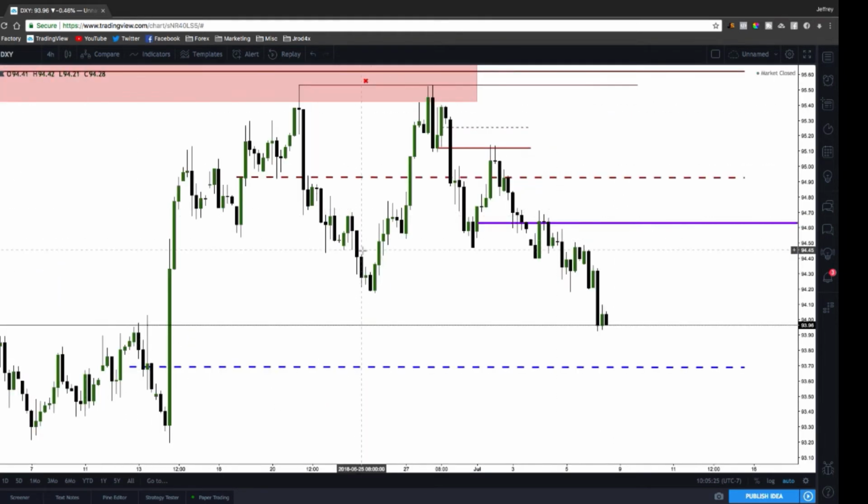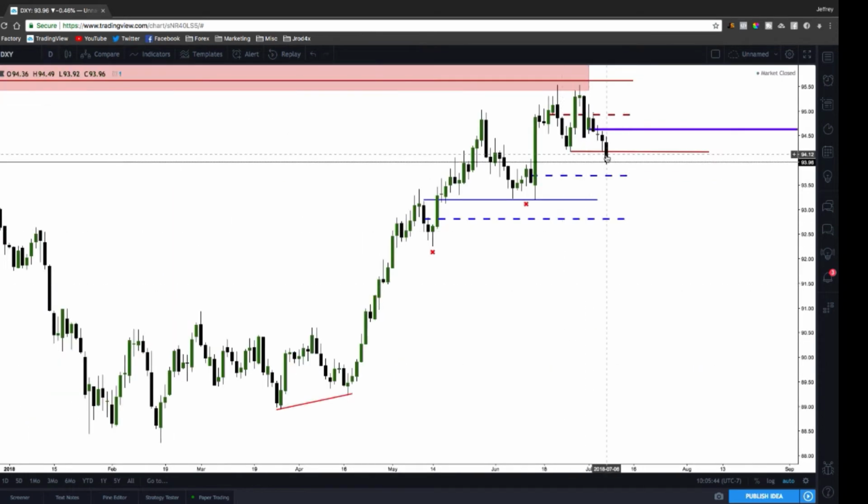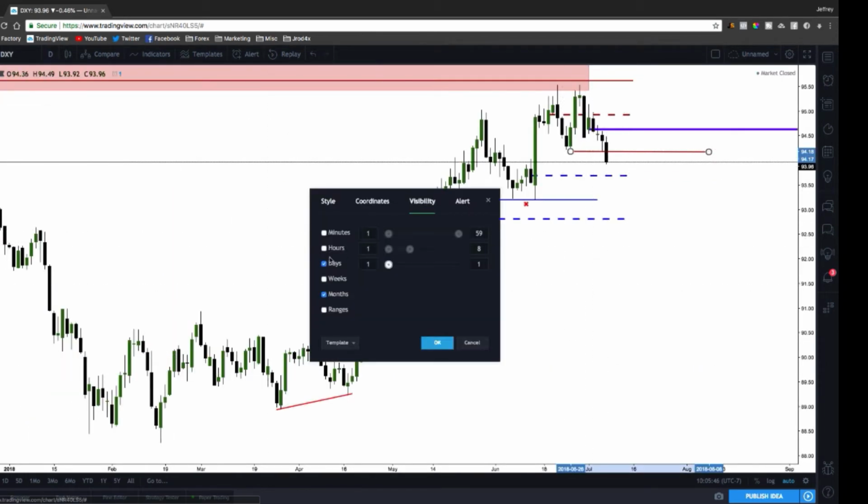If we go to a 4 hour here, you could see on the 4 hour time frame that this ICT bearish order block basically overlaps with the low here at the 94.17 level that we were mentioning on the daily time frame. Let me see why that's not showing up. Okay.